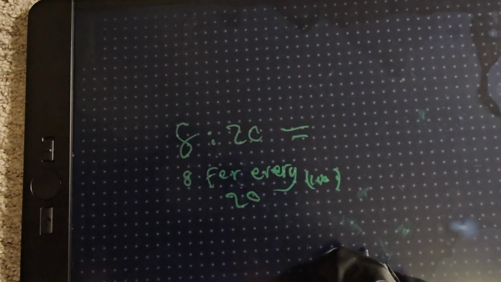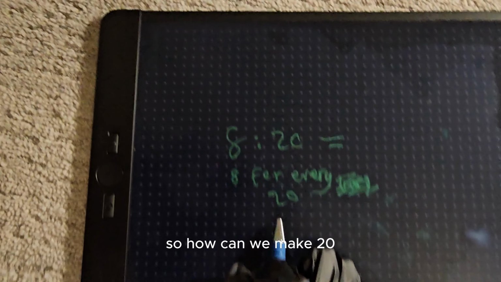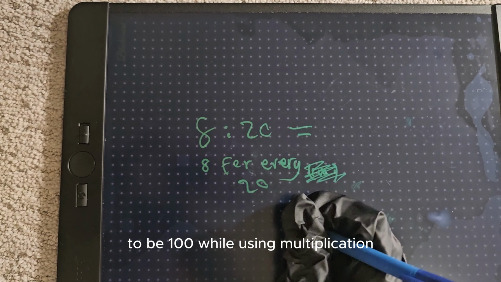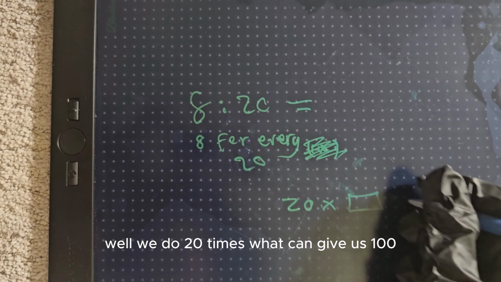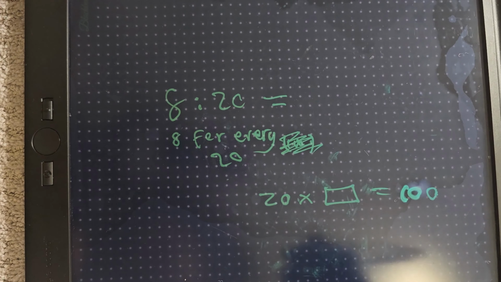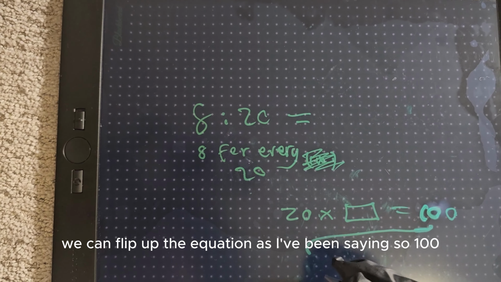100. But it's not 100 right now, it's 20. So how can we make 20 to be 100 while using multiplication? Well, we do 20 times what can give us 100. In order to figure this out, we can flip-flop the equation, as I've been saying.